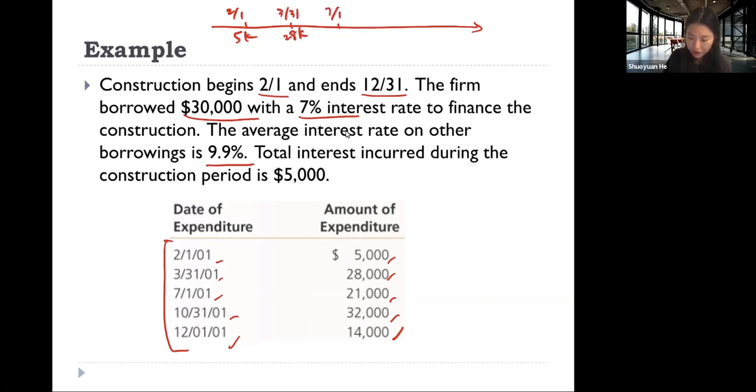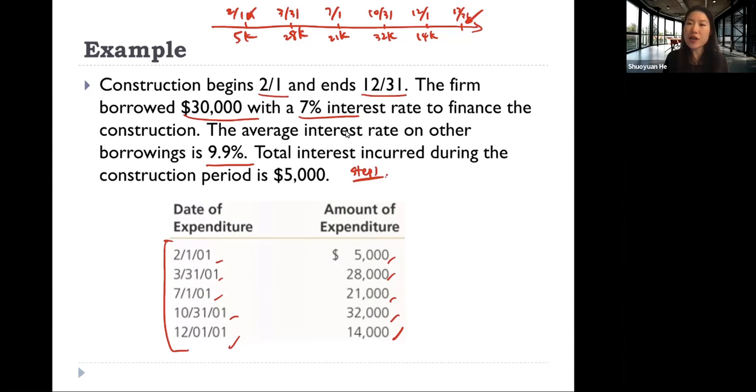July 1st, $21,000. October 31st, $32,000. December 1st, $14,000. And the construction begins on February 1st and ends on December 31st. That is when it ends. So step one.